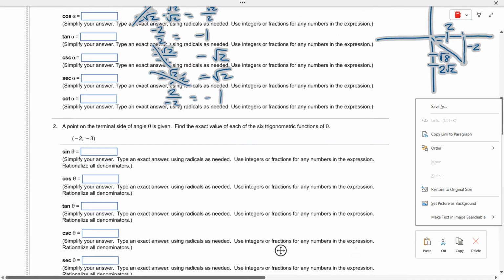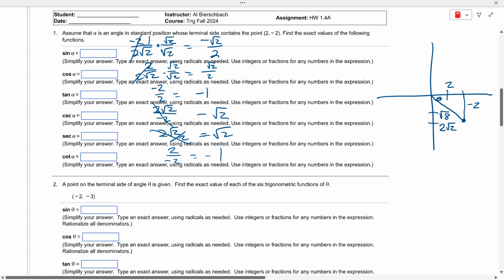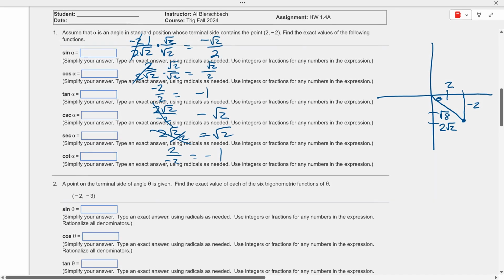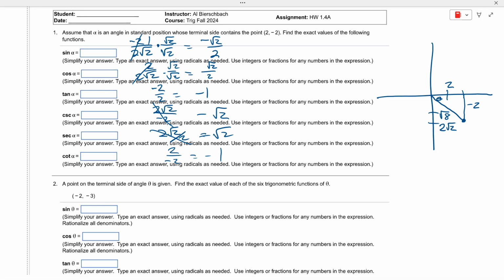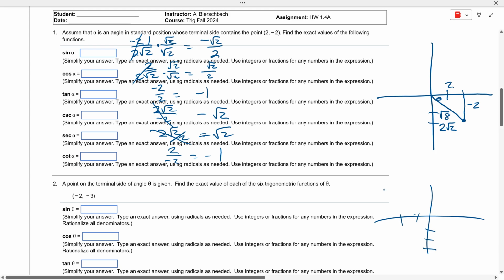Okay. Should we do another problem or are we good? You good? All right. So you'll have a 2-problem assignment to do. One like this one and then another one, for your second problem, you're going to have kind of an ugly one, because here, mine is -2, -3.